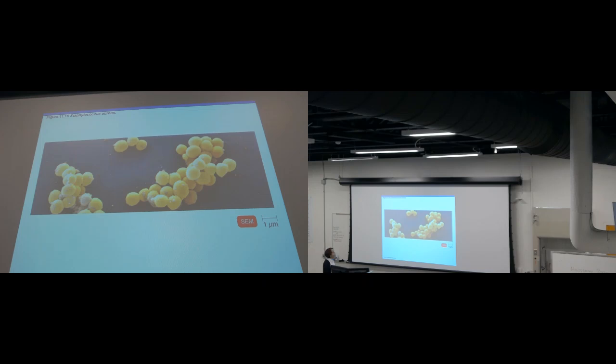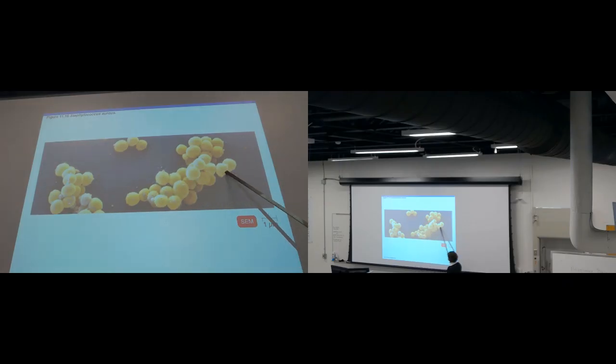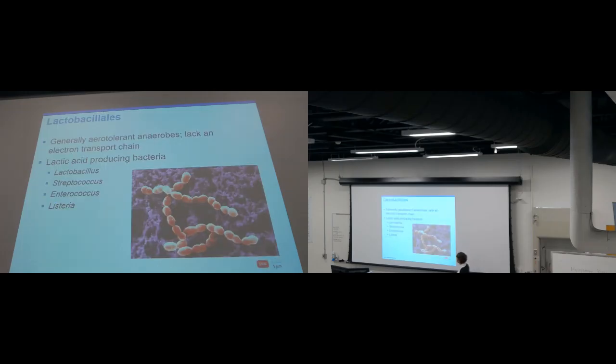In this case, you can see the cluster of bacteria, and this color is enhanced with a computer. But something to keep in mind about this Staphylococcus is that it has a cluster arrangement. Staphylo means grapes in Greek.